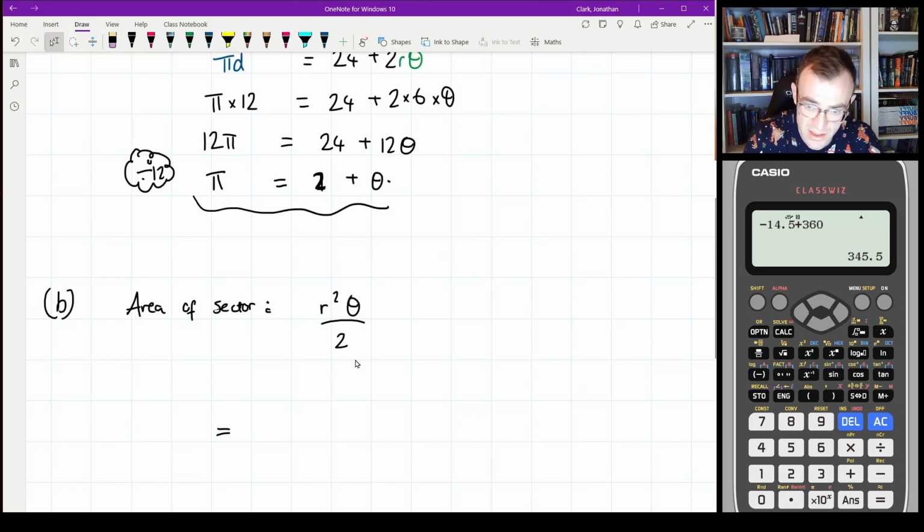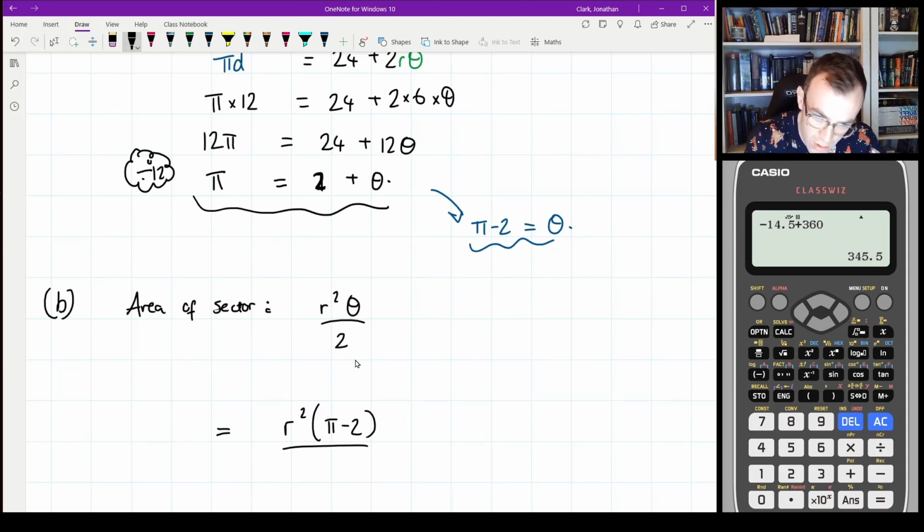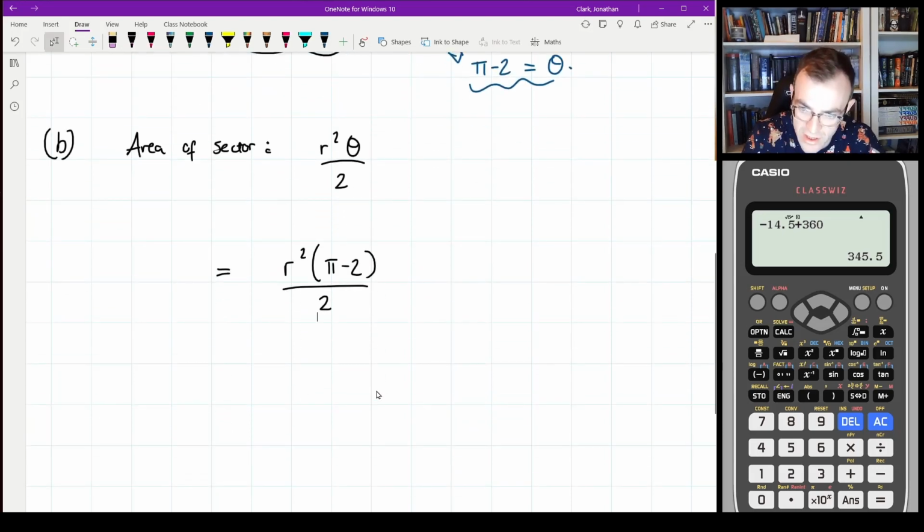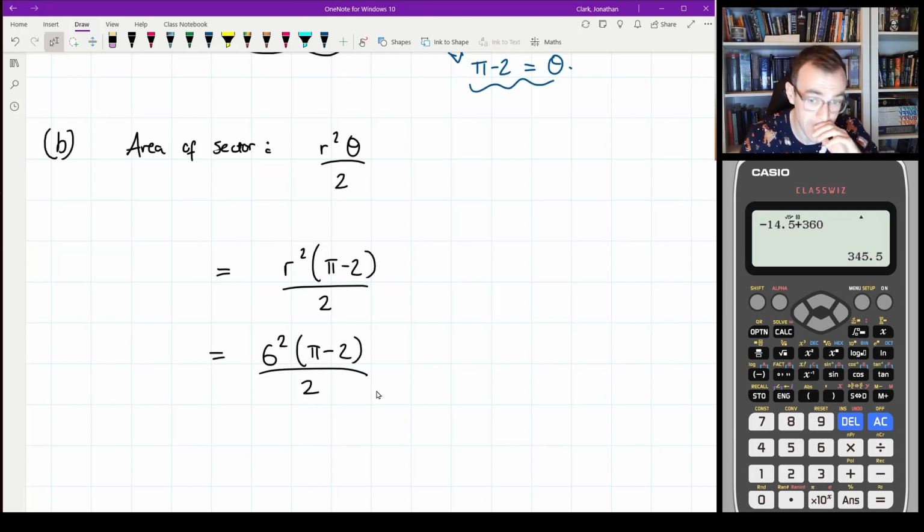And in this instance, the angle can be expressed as pi take away 2. So that is r squared pi minus 2 all over 2. The radius was 6. And I guess I just type this in on the calculator.